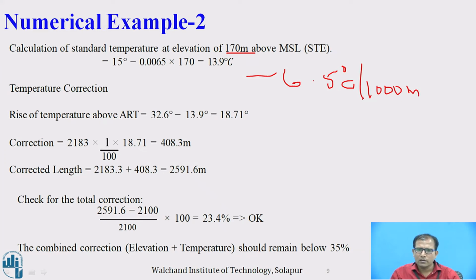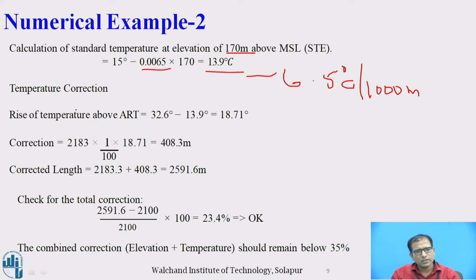So 6.5 divided by 1000 comes to 0.0065. Multiply 0.0065 into the elevation and deduct it from the standard temperature at mean sea level. That comes to 13.9 degree.